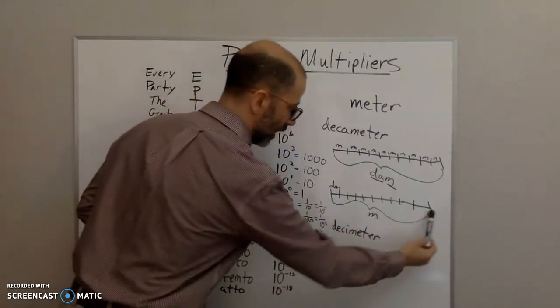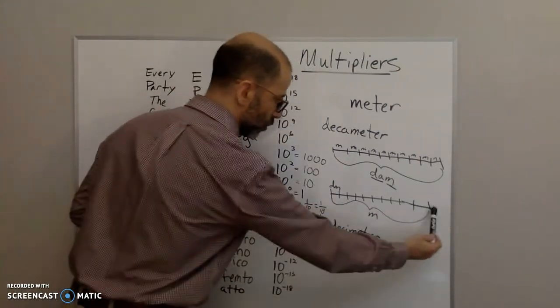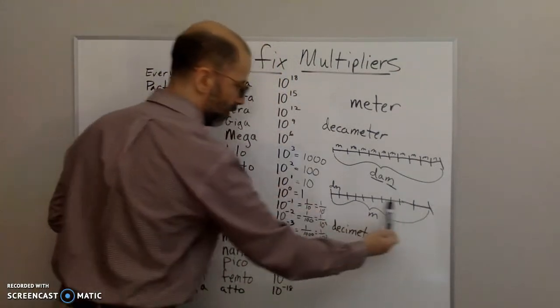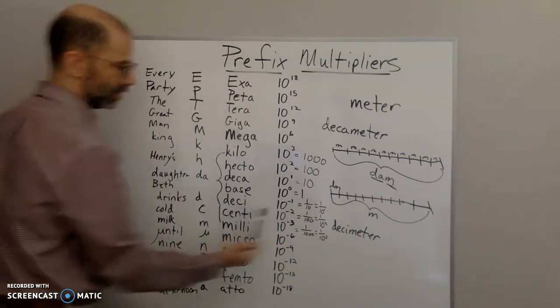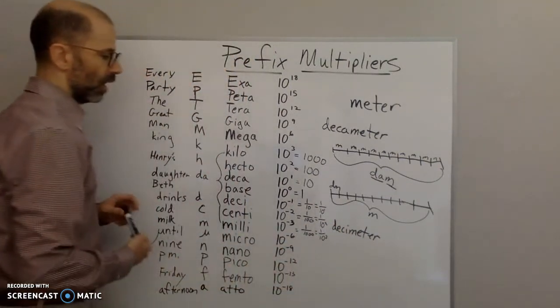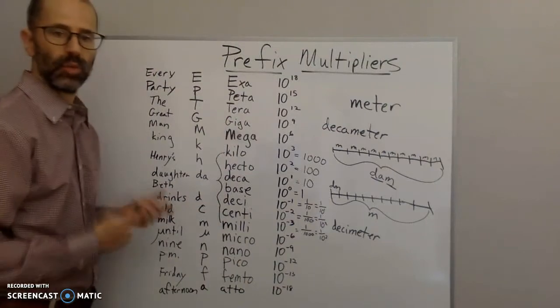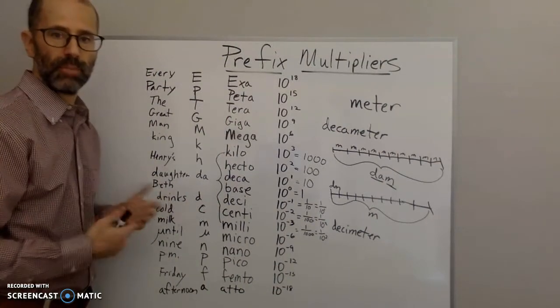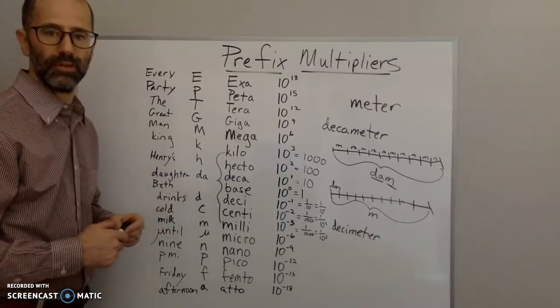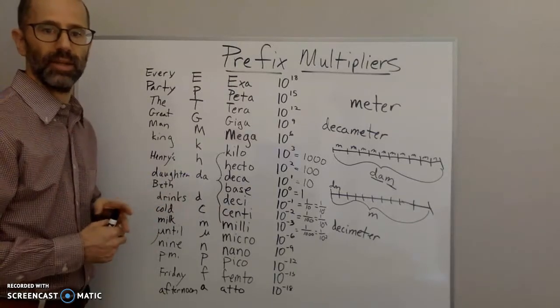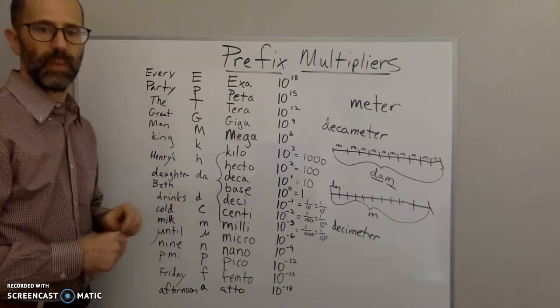Here's my meter now. So it's this big now. And if I add my prefix deci to make a decimeter, deci means 1/10. You can remember this by remembering that the word decimate literally means you killed 1/10 of the population.